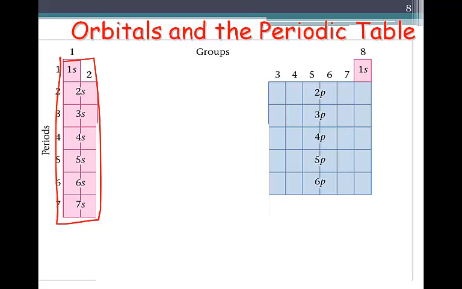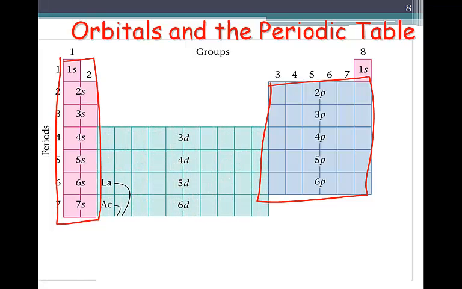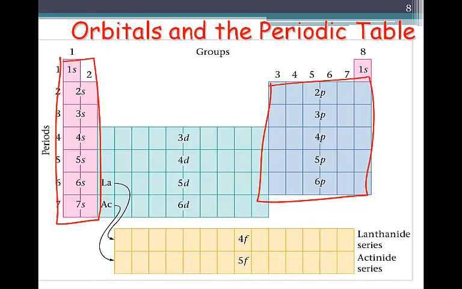When we look at this middle block, this is the P block over here, because any element ending in this section, the last part of their electron configuration is going to be P. The middle block is the D block, so anything here is going to be ending in a D, and the F block falls right in between here.